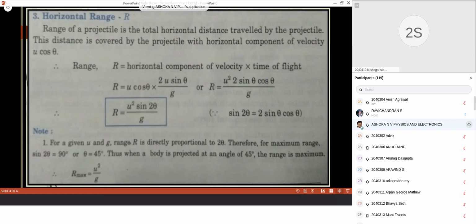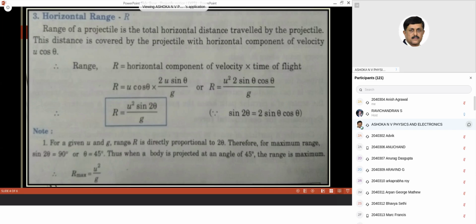The distance covered by the projectile in the horizontal direction, along the ground, how much it can move, that total distance is what you call the range. It can be obtained by using the relation: range R is equal to horizontal component of velocity into time of flight.